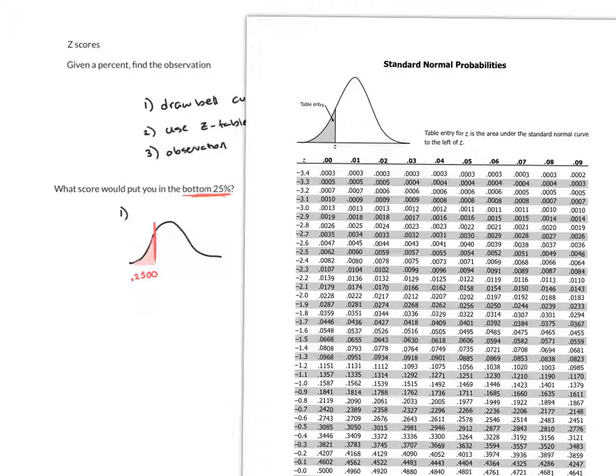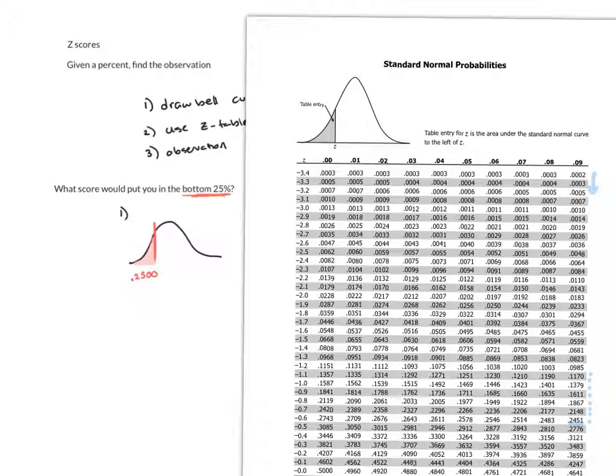While I do that, I notice that as I go from the top down, these numbers are getting bigger in the center, which is good, because 0.0002, way too small. So I'm going to look down, and as I get further and further down here, I notice it's getting closer and closer to 0.25. Once I'm reasonably close to 0.25, like right here is kind of close, I'm going to go ahead and start going into the table.